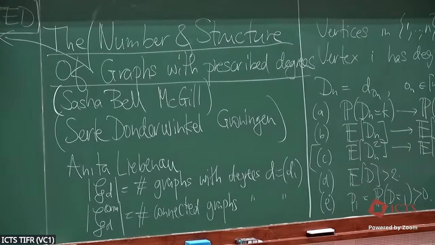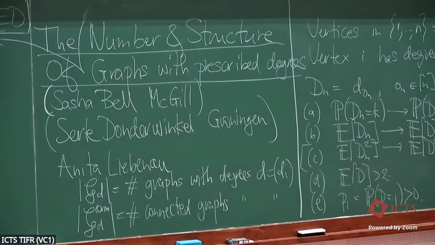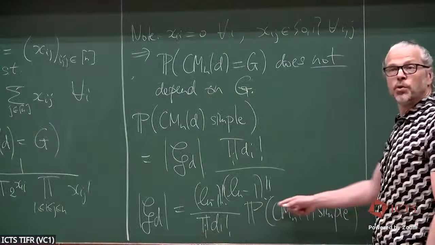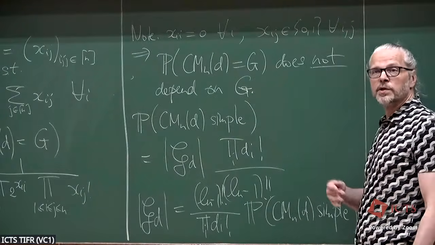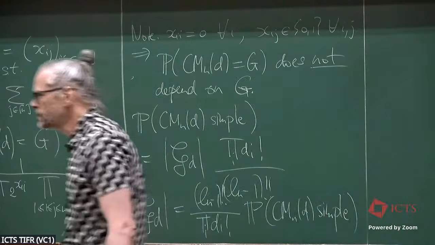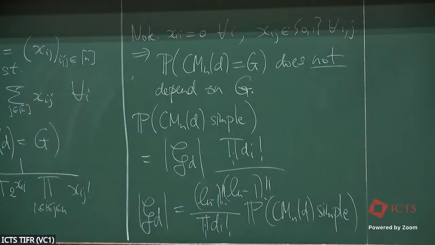And the reason for that is that the total number of self-loops and the total number of multi-edges, or the total number of pairs of vertices that have more than one edge between them, jointly converge to 2 independent Poisson random variables with an appropriate mean, and therefore this will converge to the probability that they're both 0, so it's going to be e to the power minus 2 numbers. Okay. That's the way this goes.